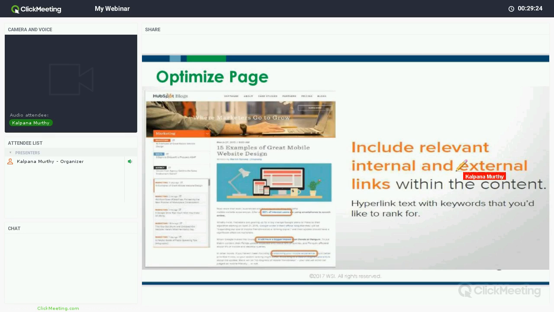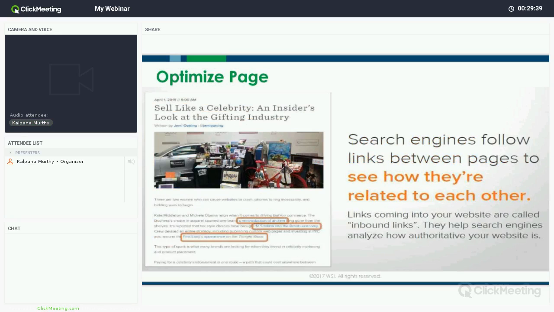And include relevant internal and external links within the content. We talked about adding anchor links, or keywords that are linked to other pages on your website, or going to an external resource page that is relevant to the topic you're talking about. Search engines follow the links between pages to see how they're related to each other.